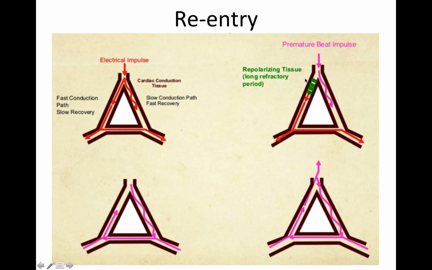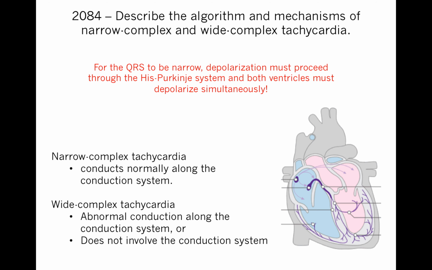That's what reentry is. So for reentry to occur, you must have two pathways or two limbs that allow a reentrant circuit.